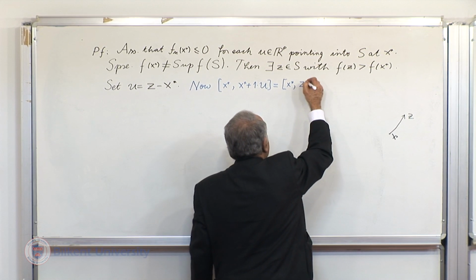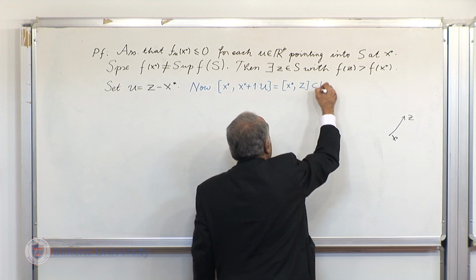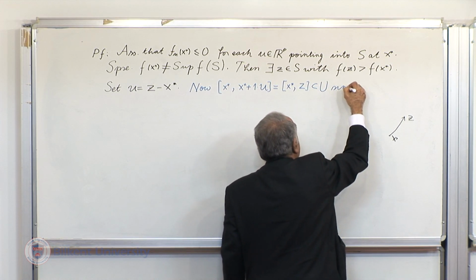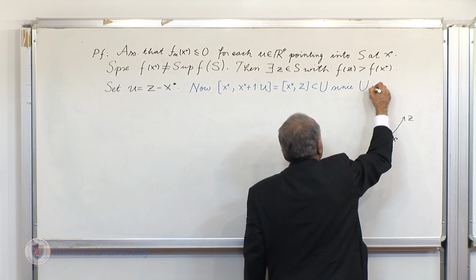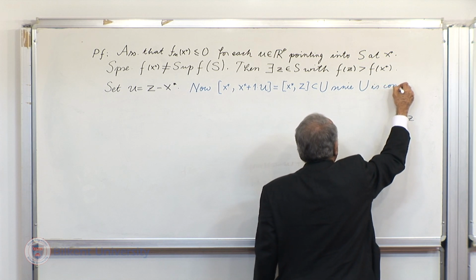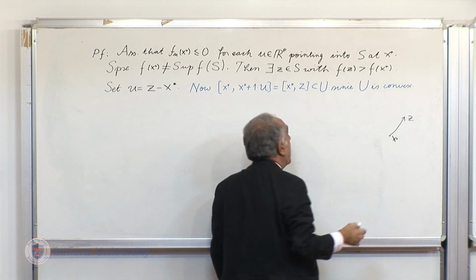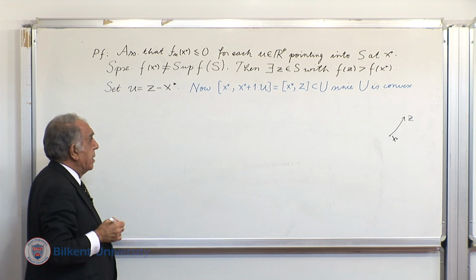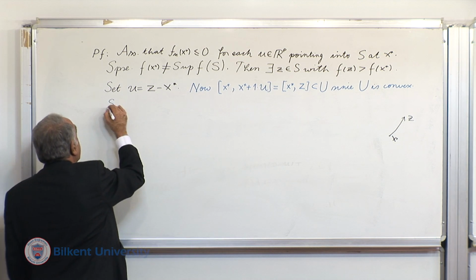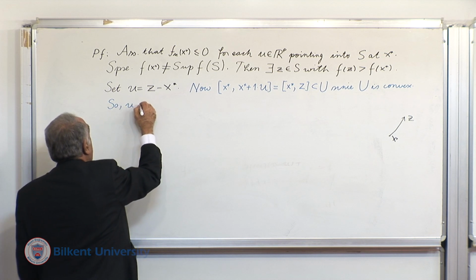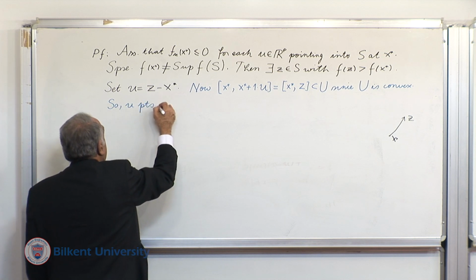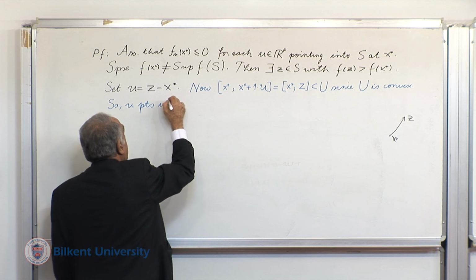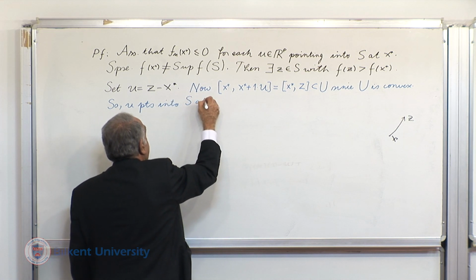You'll get z here, but that's in S since S is convex, because both x star and z are points of S. So u points into S at x star.